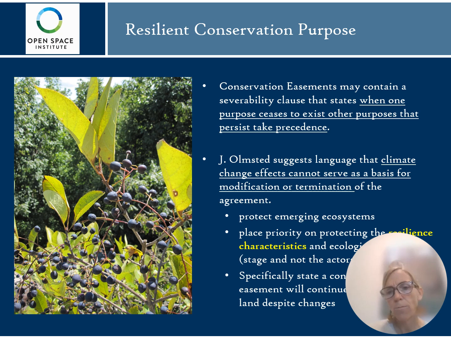sometimes conservation easements can contain a severability clause. It might state that when the purpose ceases to exist, other purposes can persist and take precedence. And that's going to be a really important backup plan for easements.